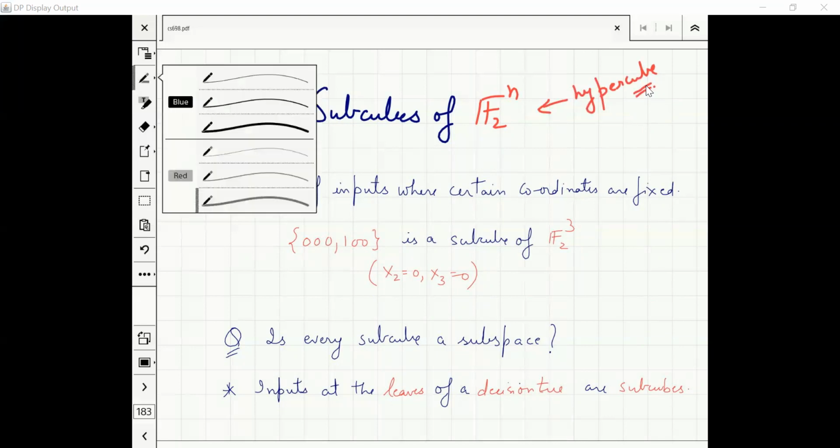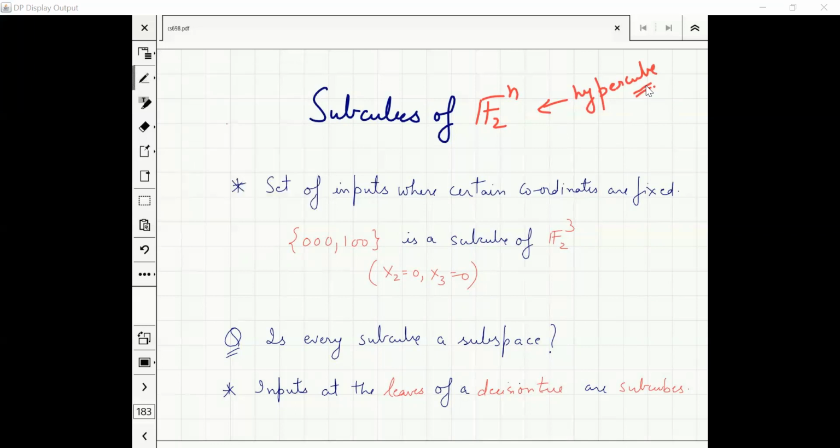This is the general way to come up with a subcube: pick your favorite variables, assign them a value out of 0 and 1, fix those, and the others can take any value. That would be the subcube of F2.